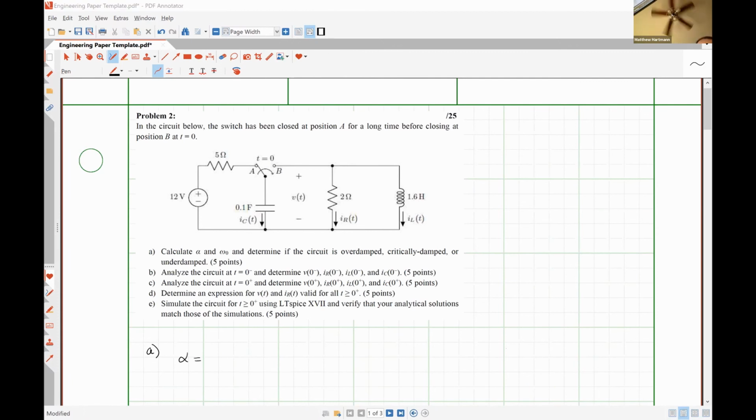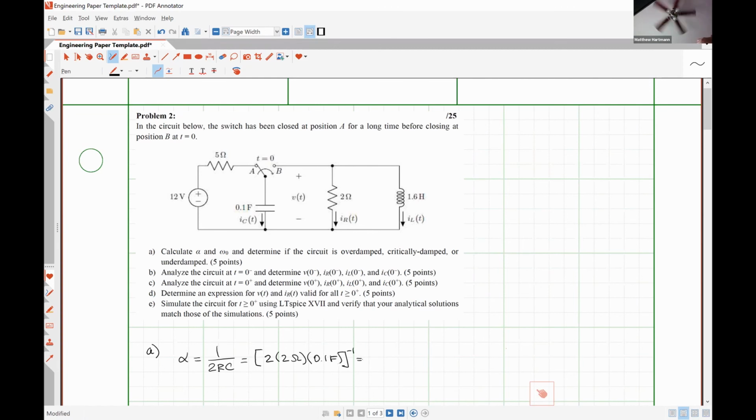Yes. So in this case, that's going to be 2 times 2 ohms times 0.1 farad, this whole thing to the -1 power.